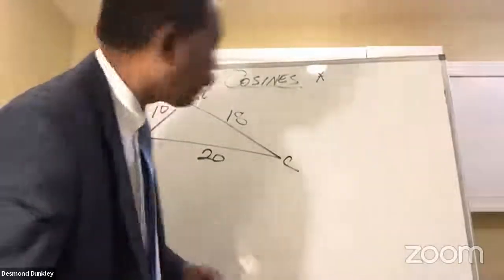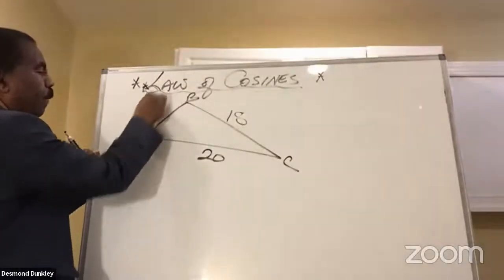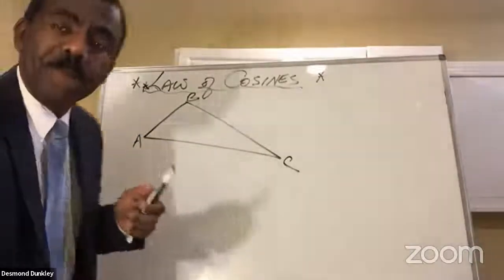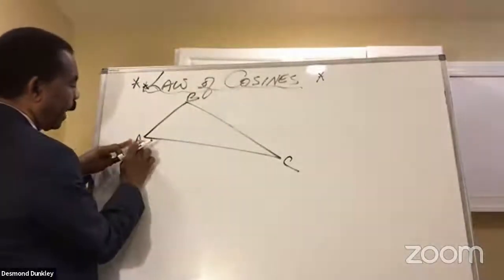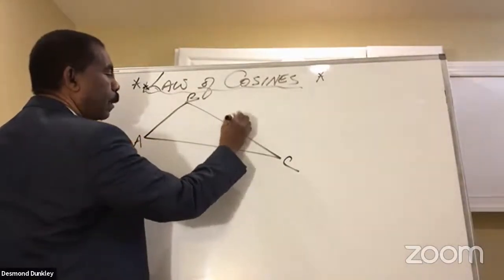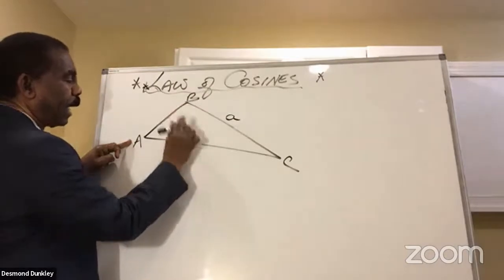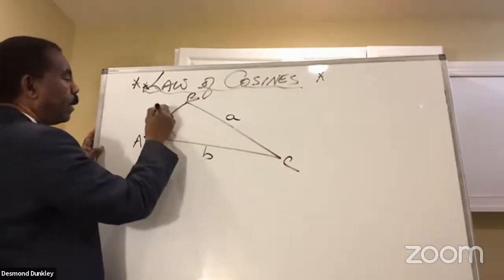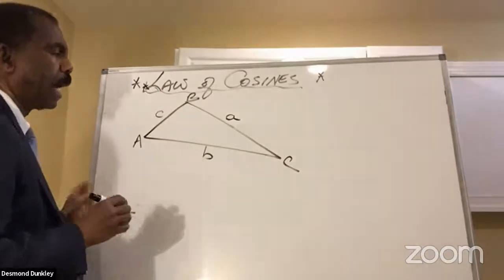According to the law of cosines, we know that our naming convention for triangles is if you have this as your angle, then across from it is your side. If you have this as your angle, the lowercase is the length of your side. And if this is your angle, and this is your side.